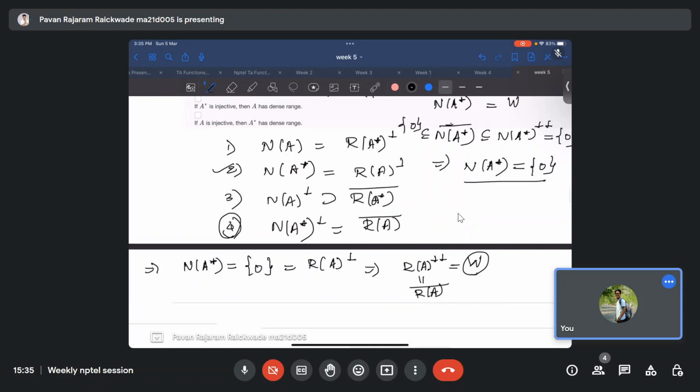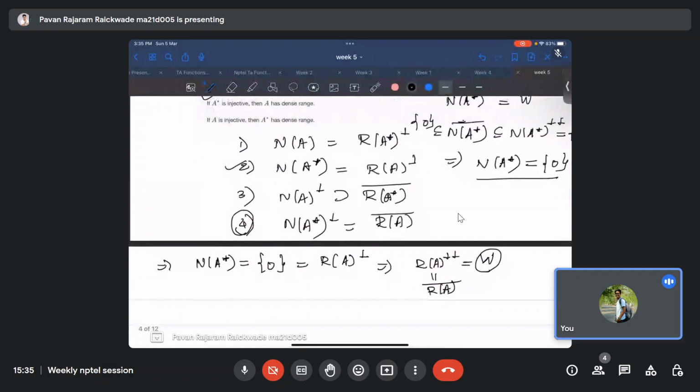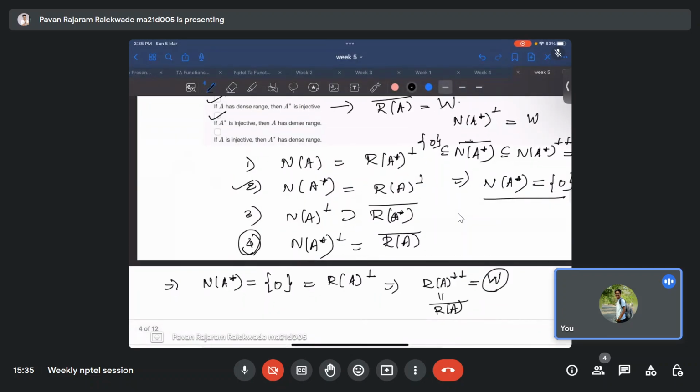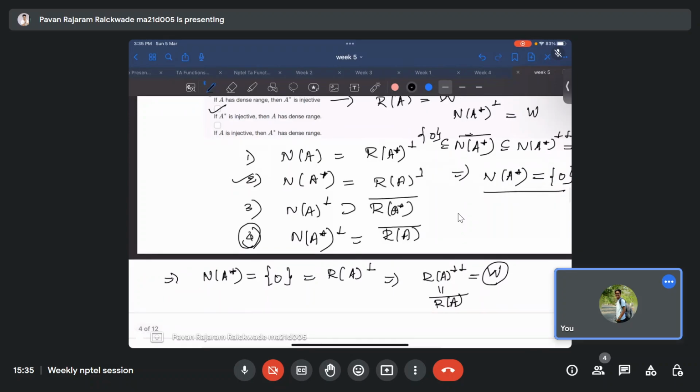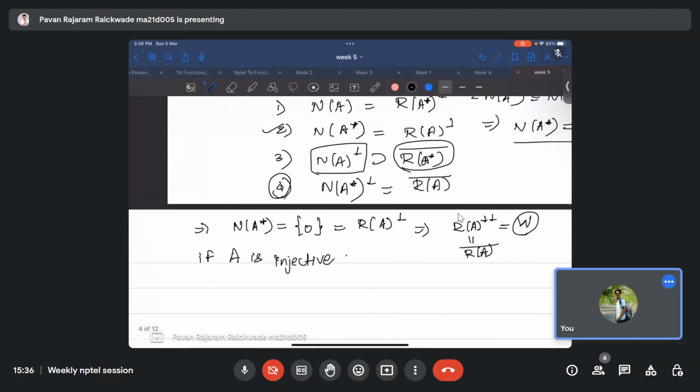Okay, this is correct. For the third option, it says that if A is injective, then A star has dense range. But what we have here is the third property: range of A star closure is contained in null space of A perp. If A is injective, then null space of A is singleton zero.